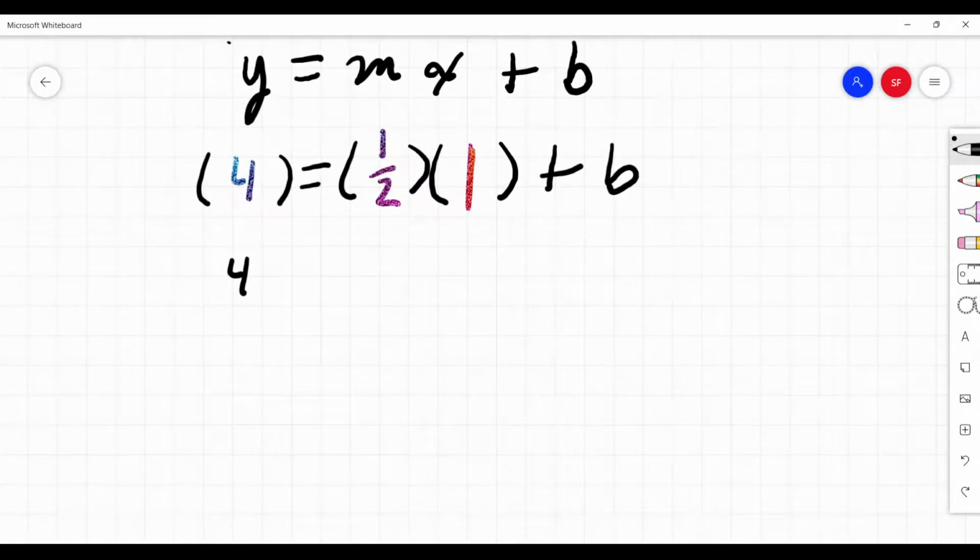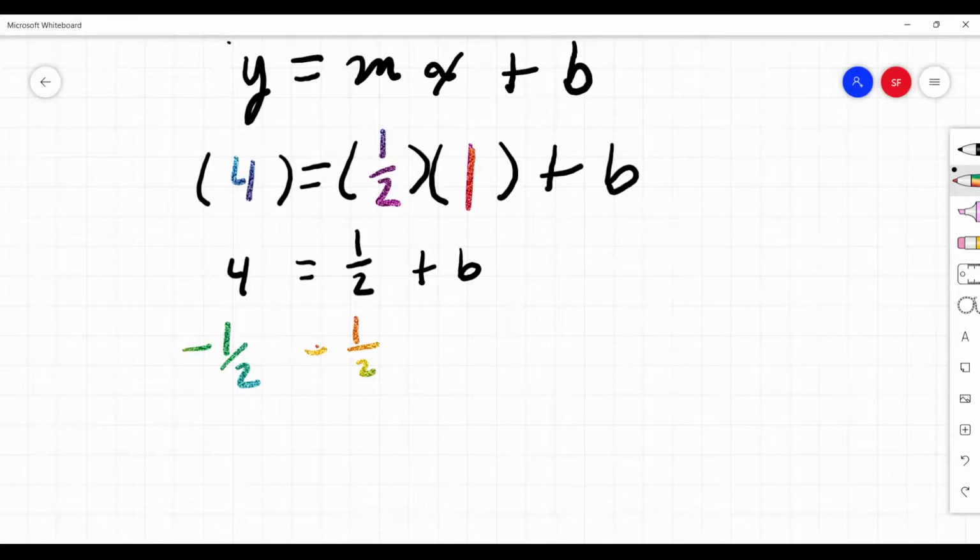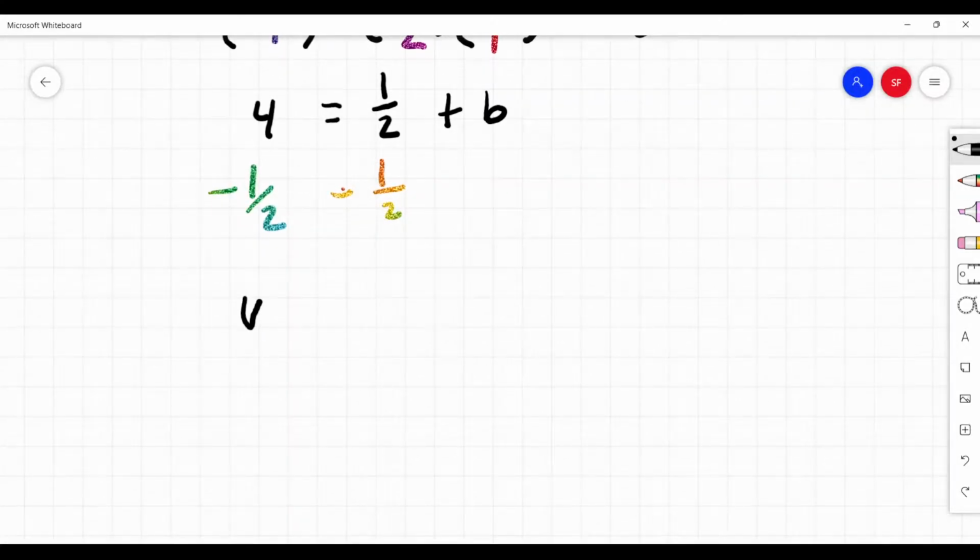What's 1 times 1/2? 1/2. Now what? Minus 1/2 of those x. So our b equals 4 minus 1/2, which is 3.5.